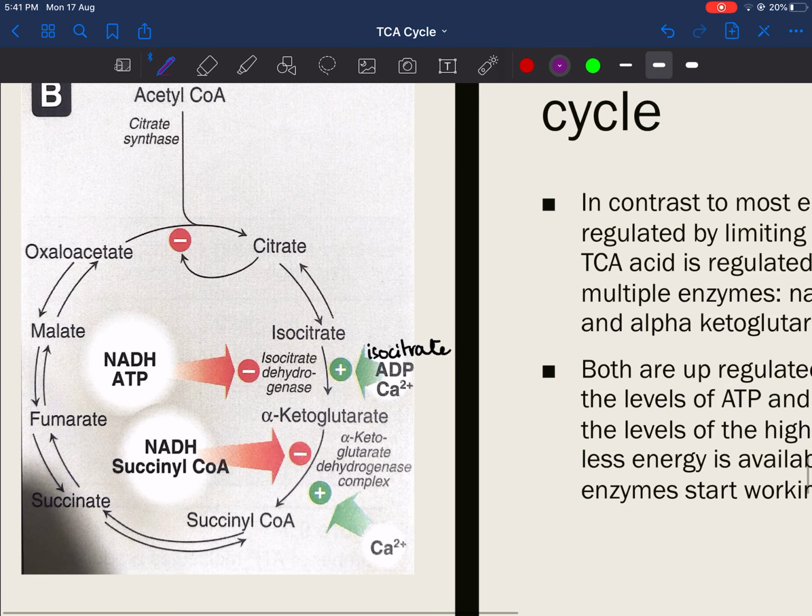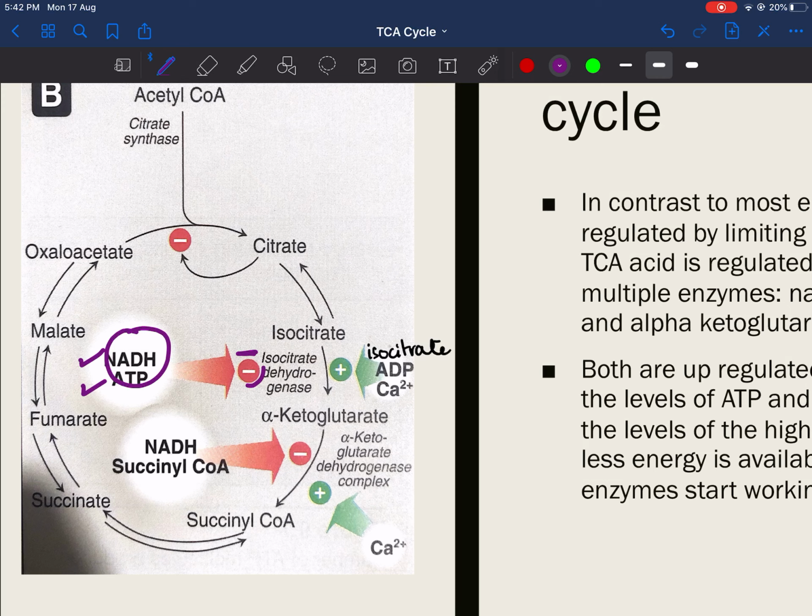If we were to look at this diagram, again, the same thing. We can see that isocitrate dehydrogenase is inhibited by NADH and ATP. What this means is that when you already have high energy in a cell, because these two compounds are indicative of a cell being in a high energy state, you want to inhibit this enzyme.